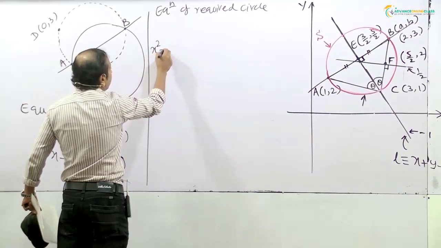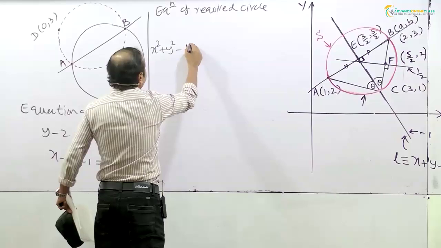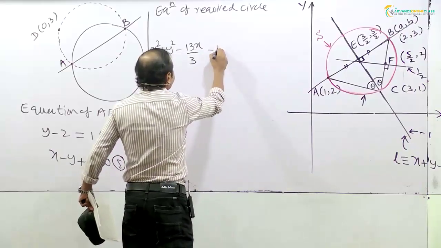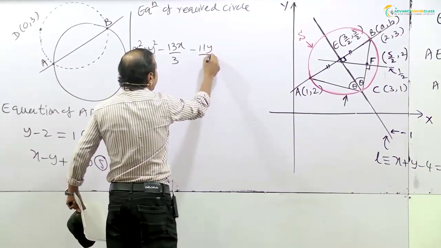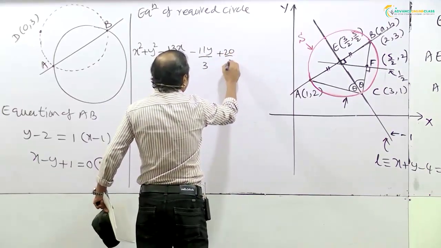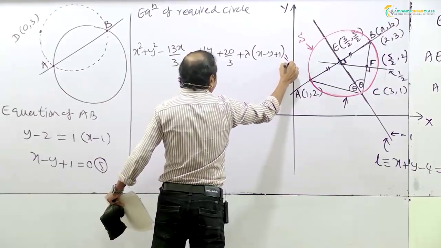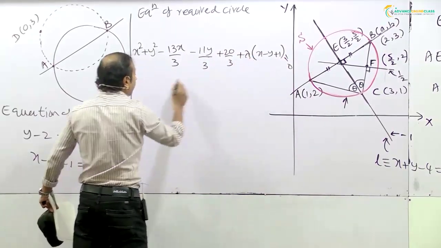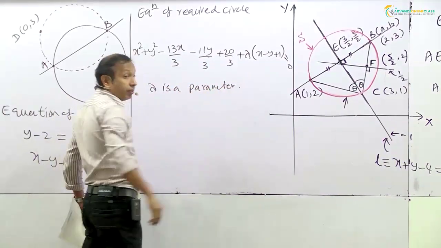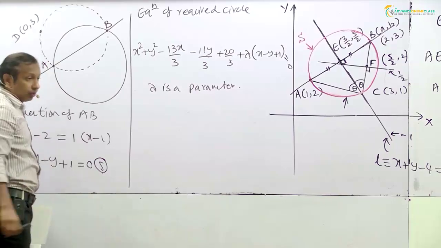We know x squared plus y squared minus 13x by 3 minus 11y by 3, okay, and plus 20 by 3, plus lambda times this x minus y plus 1 equals 0. But lambda is a parameter. Lambda is a parameter. Now, we need to find lambda, but that same circle passes through (0, 3).